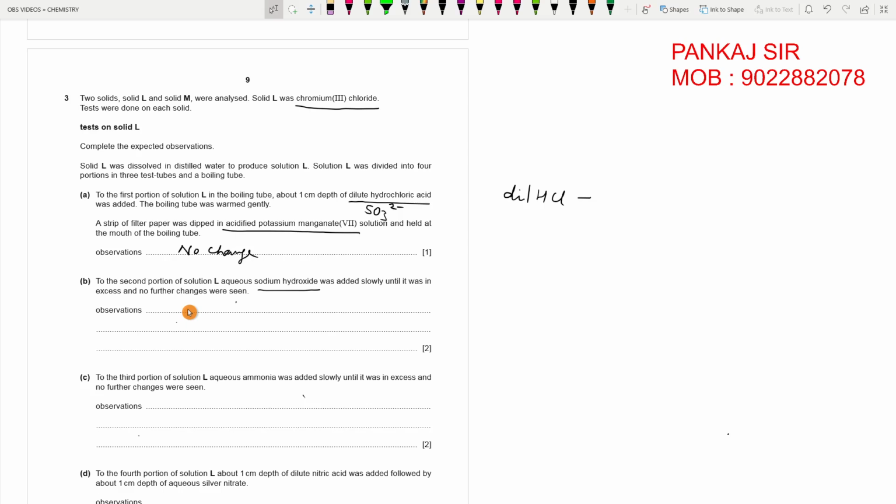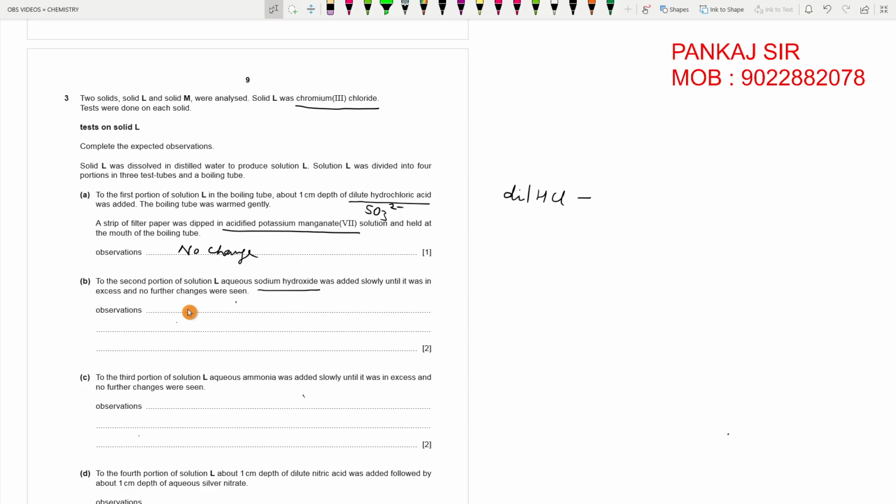Now the next question is, in the same substance L, which is chromium chloride solution, suppose you add aqueous ammonia. Aqueous ammonia is nothing but ammonia solution. So when ammonia solution is added, and when it is added in excess, what happens?